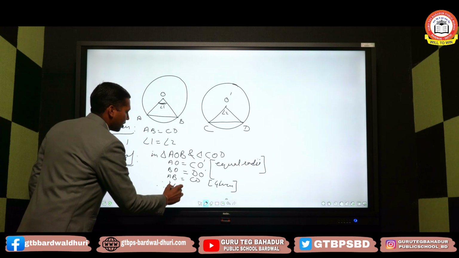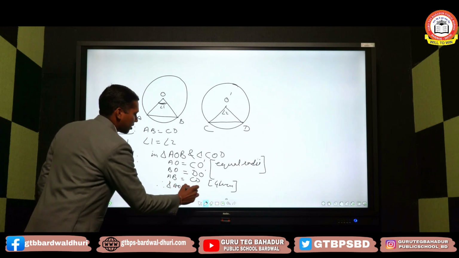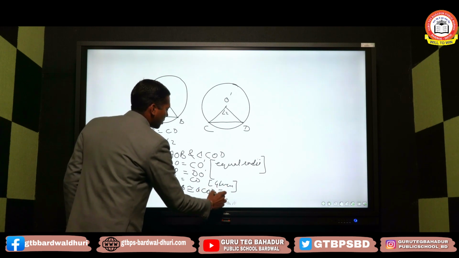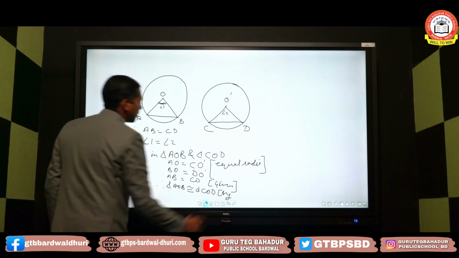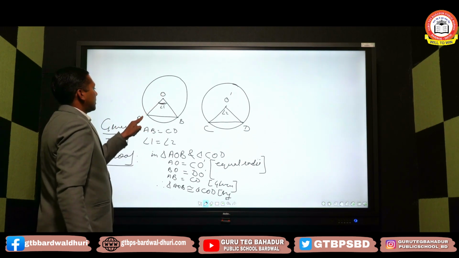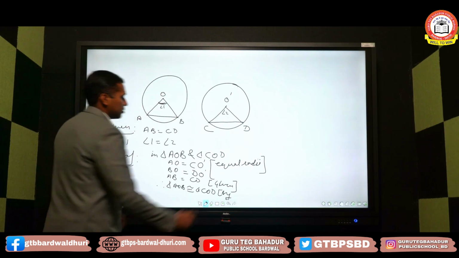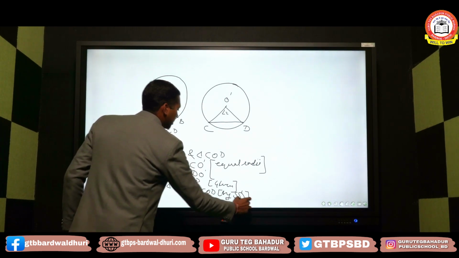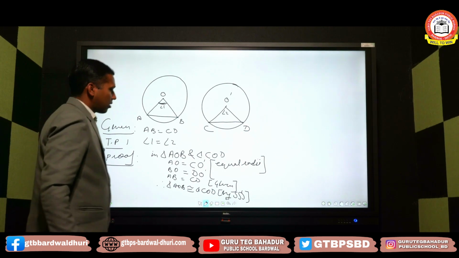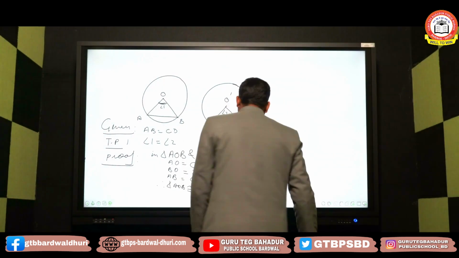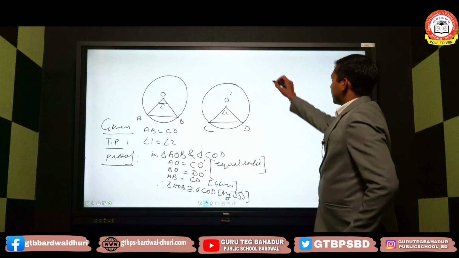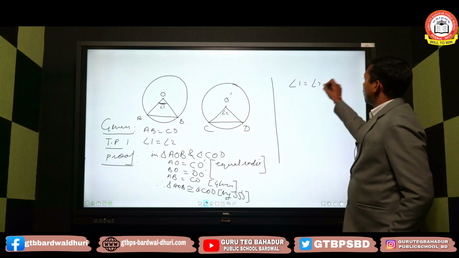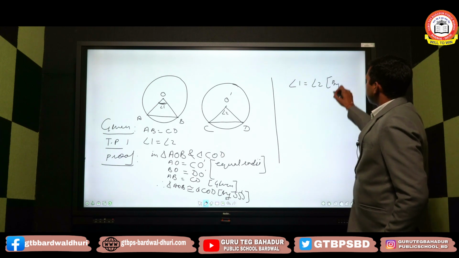Triangle AOB is congruent to triangle COD by side-side-side, so by SSS these two triangles are congruent. And when two triangles are congruent, therefore angle 1 is equal to angle 2. Why? By CPCT.